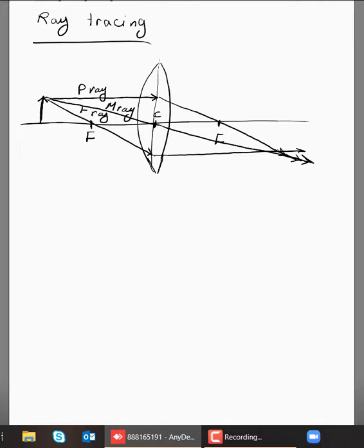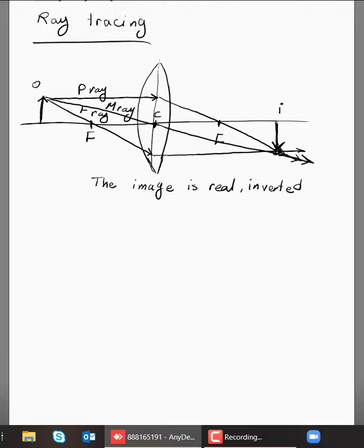Okay, if I could draw it more neatly, you would see that all of them are meeting here in this point. So your image is inverted and it has the same length as the object. This is your image. So you see that the magnification is 1.